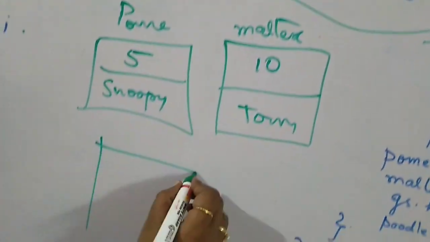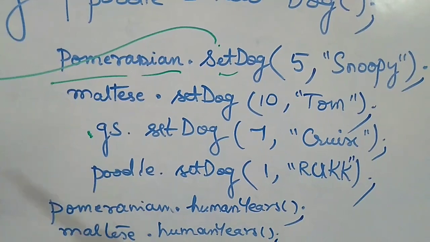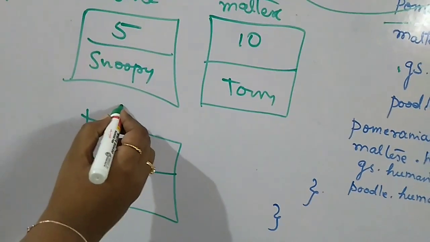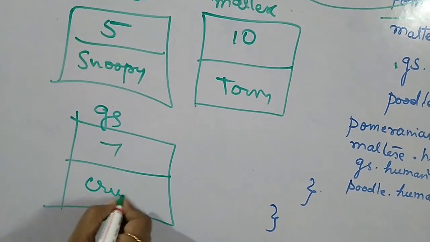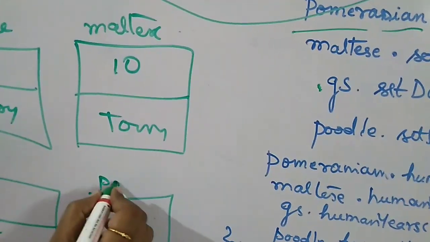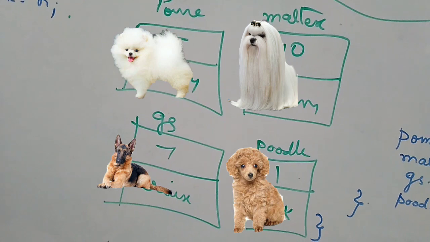Again we called the method on another object, which is German Shepherd, so the values are 7 and Cruise. Then we have another dog, which is Poodle, and the age is 1 and the name is Rook. So this is how it is created, my friends.